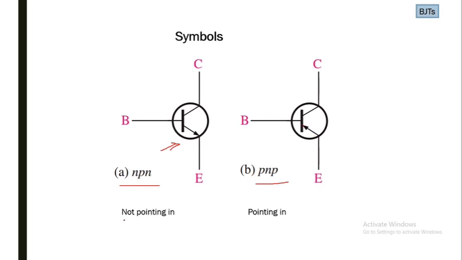In short, you can call the NPN transistor "not pointing in," and you can call the PNP transistor "pointing in." This is the thing to memorize the symbol.